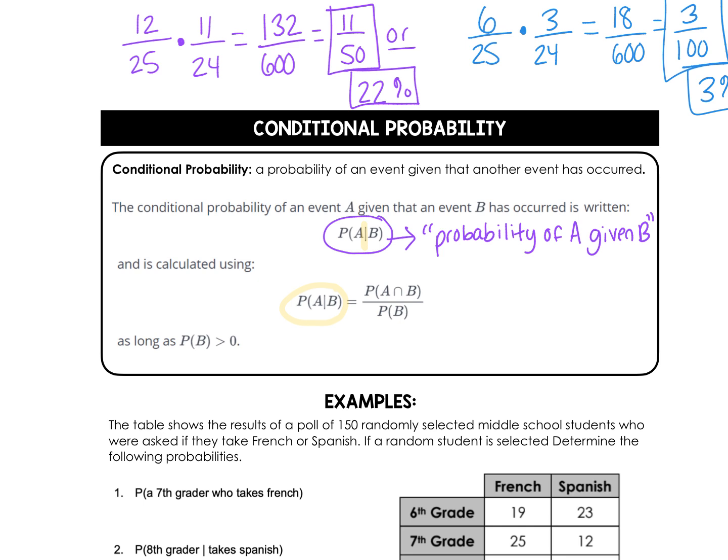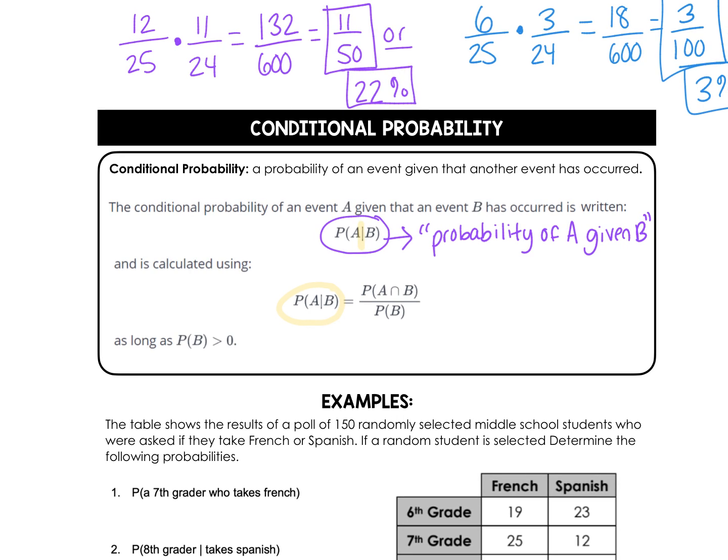We're going to take the probability of A. I don't know if you've seen this very much before, but this upside down U means the intersection of the events, which in other words means A and B. So this means the probability of A and B divided by the probability of B. So just B occurring.